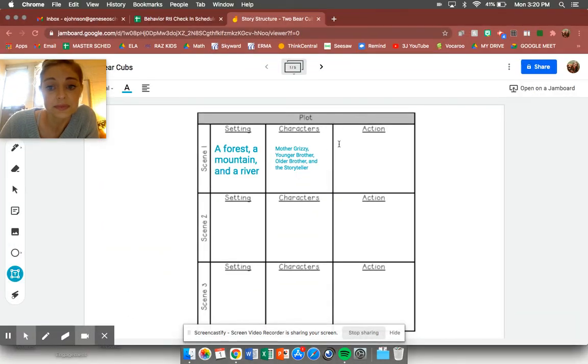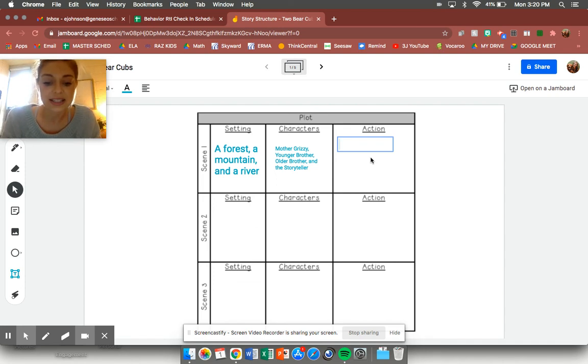And just like we read, I can type down that Mother Grizzly tells her sons to go pick some berries, but not to go too far downriver.